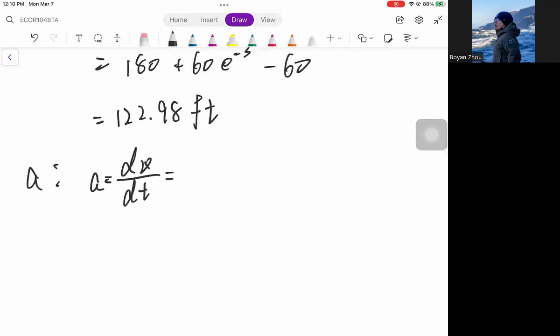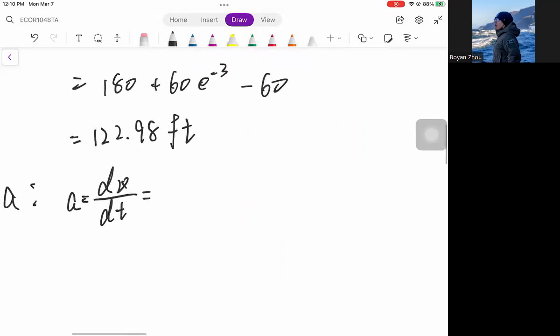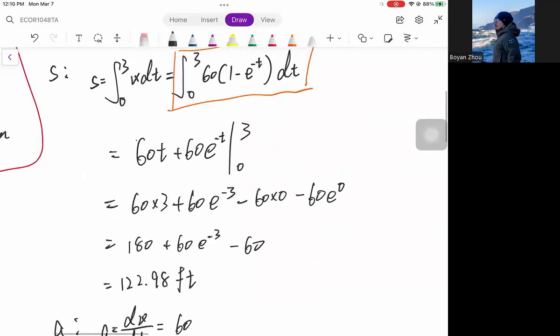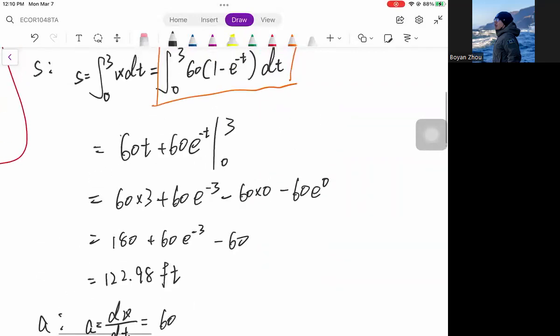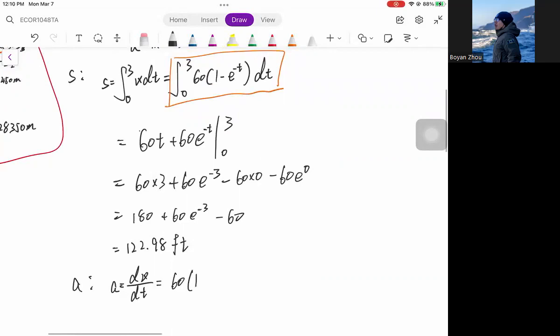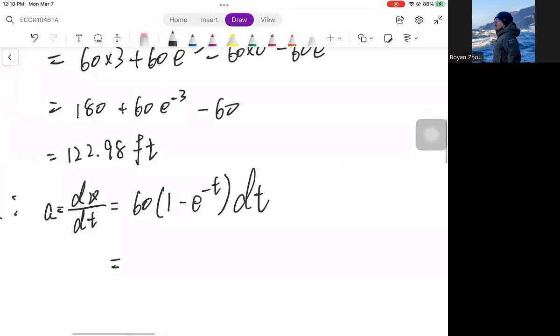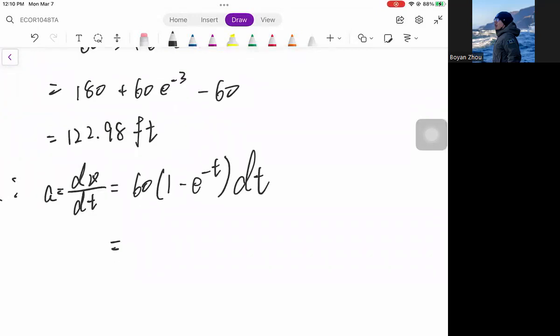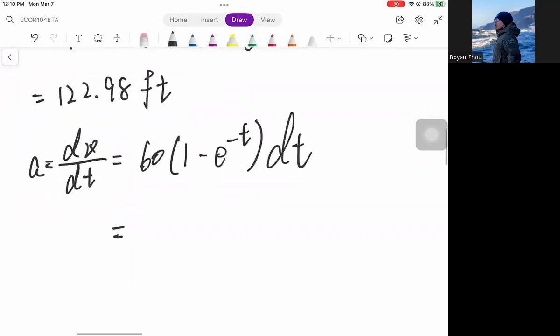Essentially, we just plug in the value for velocity, 60 times (1 minus e to the negative t), and find the derivative of this function over t. So that is 60 dt minus 60 e to the power of negative t dt.